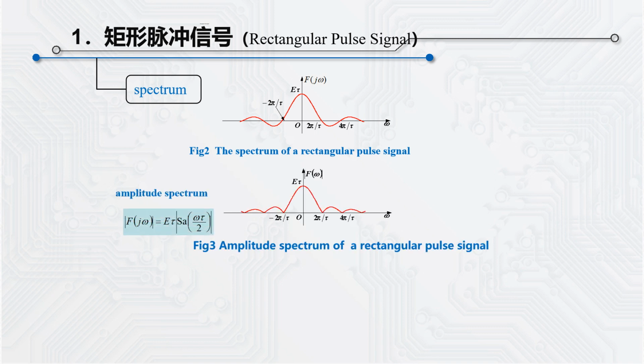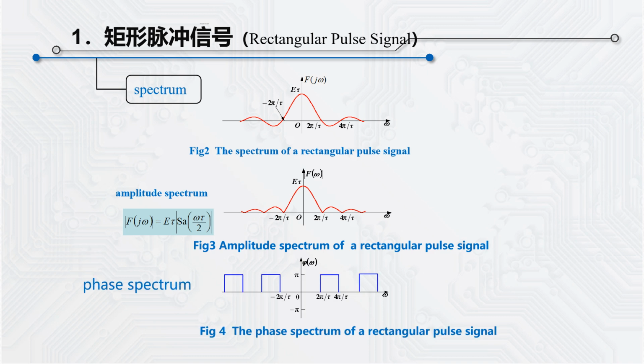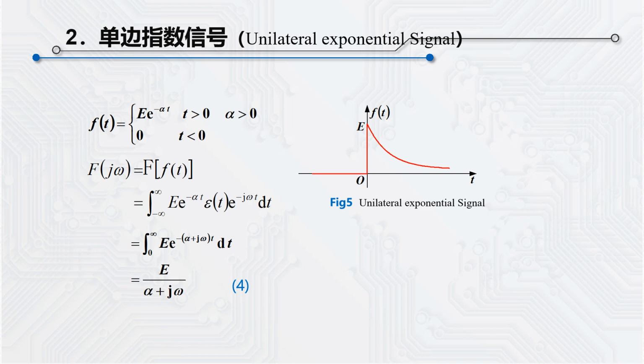Figure 3 shows its amplitude spectrum, and Figure 4 shows its phase spectrum. We can regard its first zero crossing point as its frequency bandwidth, represented by 2 pi over tau or 1 over tau. Let's look at unilateral exponential signal.